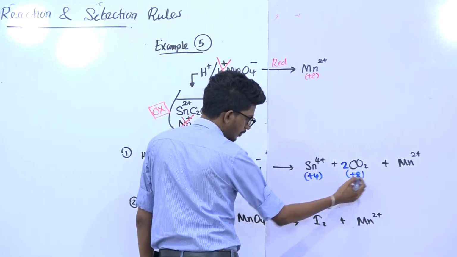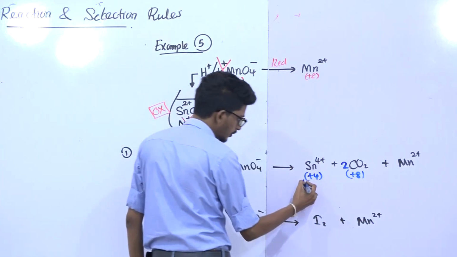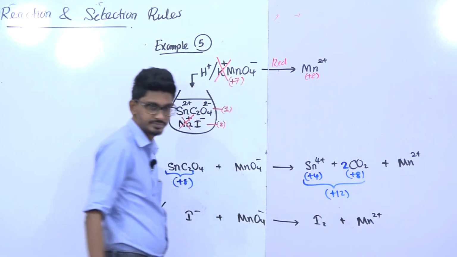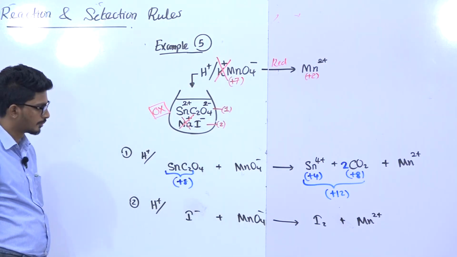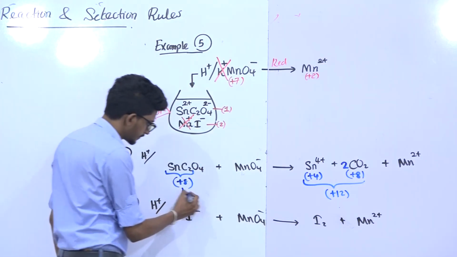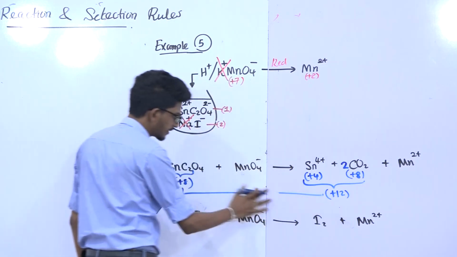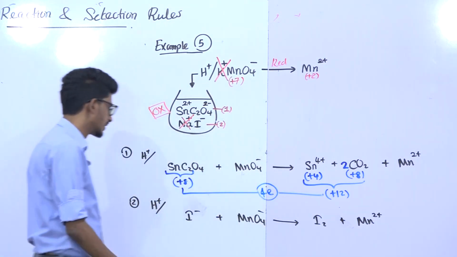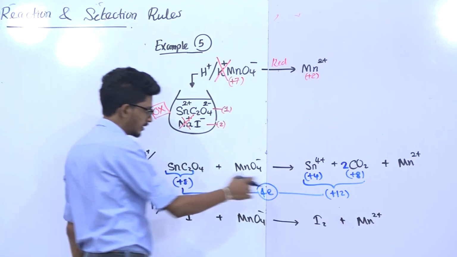One carbon carries +4, 2 of those are there, +8, so the summation is +12, right? So how many units of difference are there? That is 4 electrons difference. 4 electrons are released when tin oxalate converts into tin 4+ and CO2.